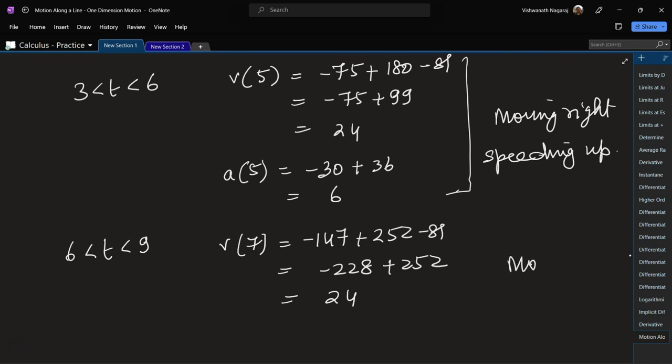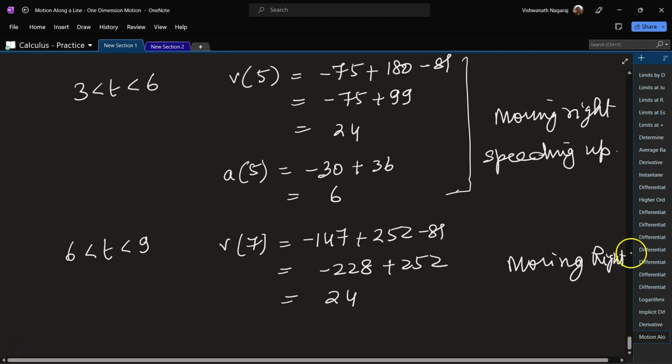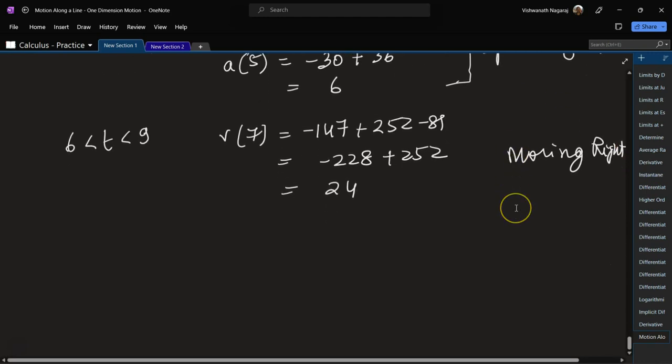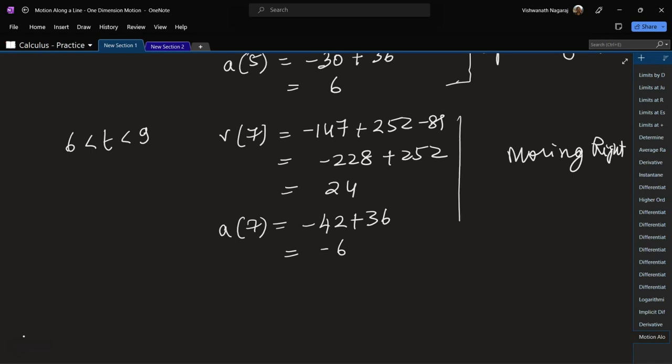So again moving right because it is positive. Now acceleration at 7 is minus 6 times 7, that is minus 42 plus 36, which gives us minus 6. So again here if you notice, this is positive, this is negative. So that means it is slowing down.